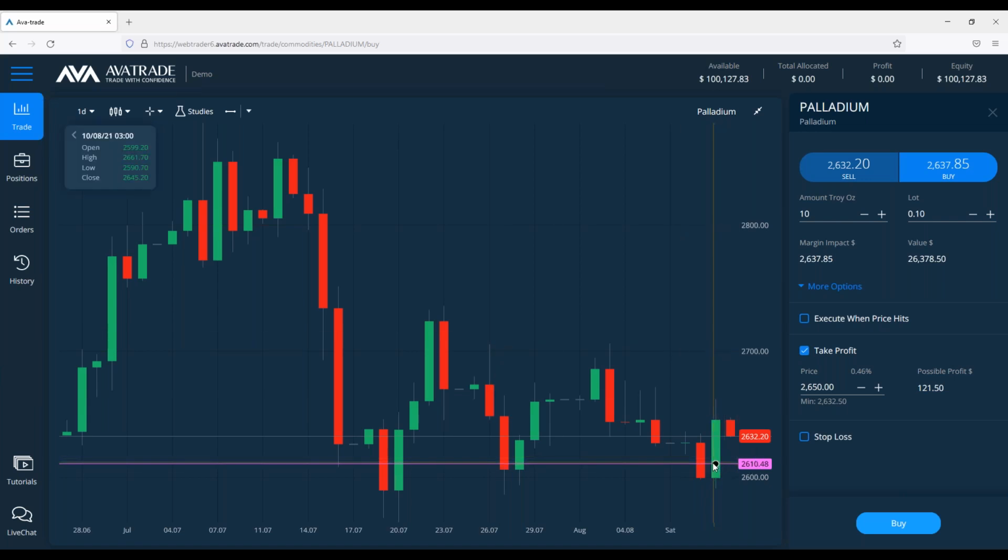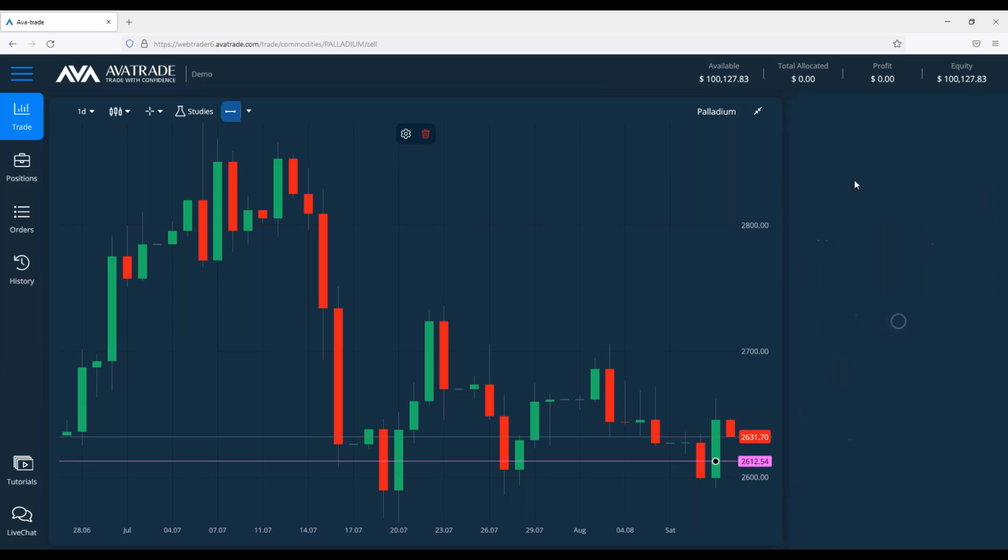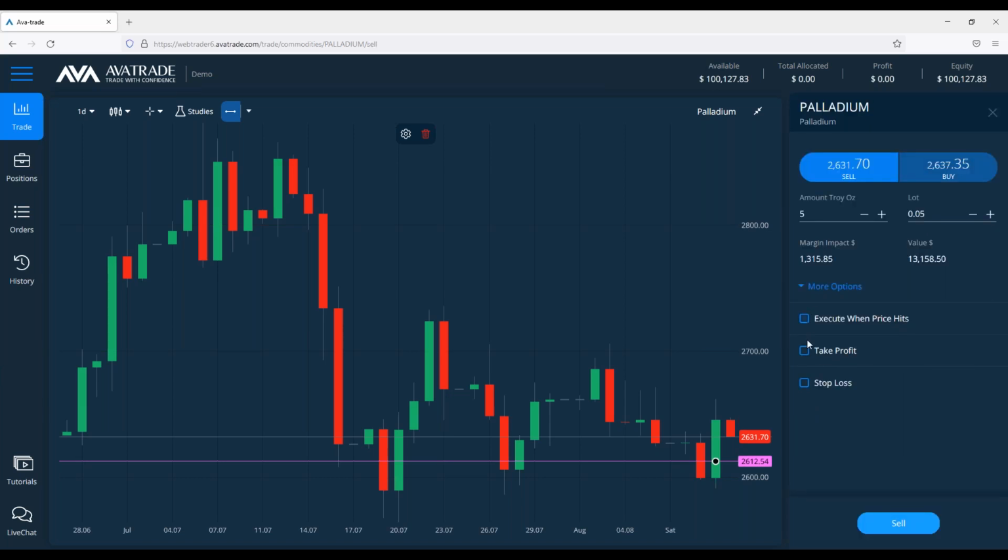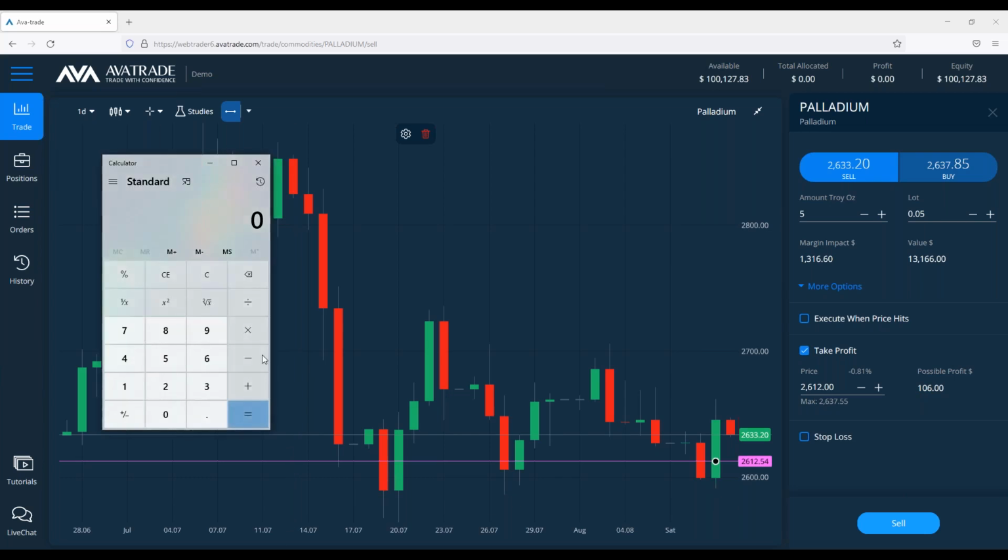It's just a $20 difference. Then we'll see if we place it here, and we'll place two. Okay, we are with a buy. We're going to change it to a sell, and then if we change the take profit to 26.12, that will show us. Let's see, why is it showing us 100? Let's see how much we need to make it 500.